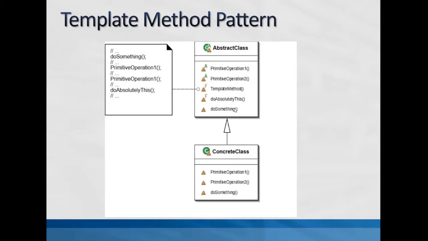And it looks like the author of this UML diagram decided to make these more clear here. I'm not really sure what value this adds. But you have a concrete subclass that implements this and does implement the abstract methods here. I'm not really sure why do something is over here as well, because it looks like this would be something in the main algorithm, but not sure. Anyway, let's have a look at an example of this.